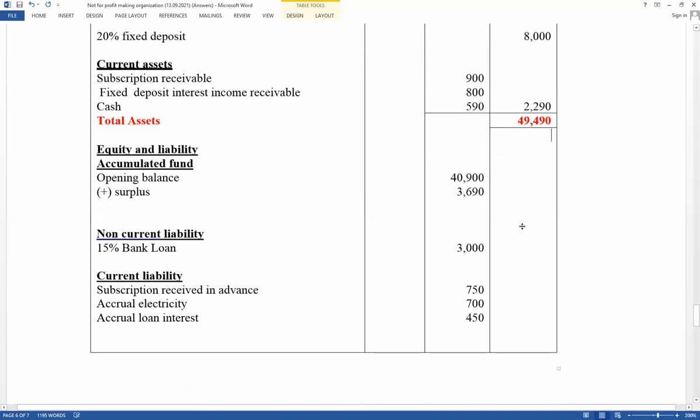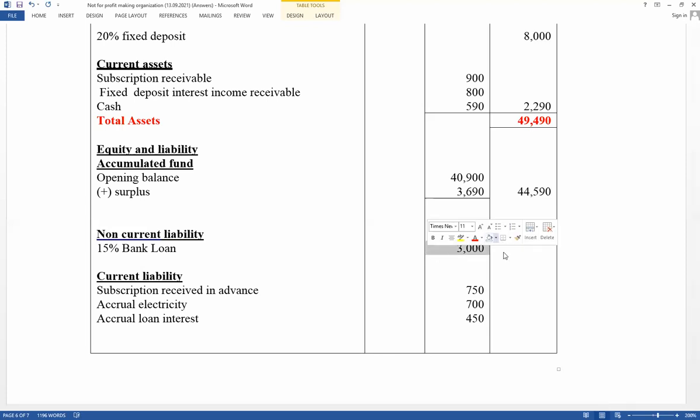Then take the equity part total value, last column. Therefore, here total amount equal 40,900 plus 3,690. Therefore, here will be equal 44,590. And bank loan, take total amount in the last column, will be equal 3,000.